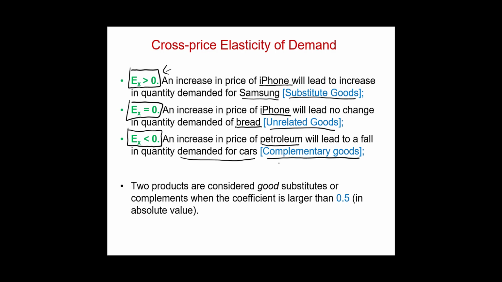So they are complementary goods. Now another important point here is about the strength of relationship between the two goods. If the absolute value of the cross price elasticity between two goods is greater than 0.5, then these two products are good substitutes or good complements. So these two products are close substitutes or close complements.